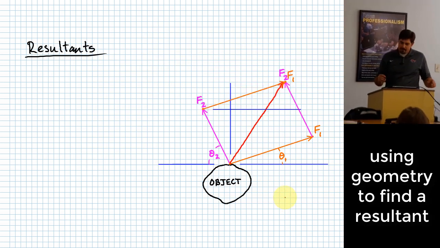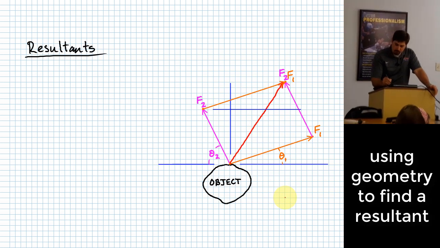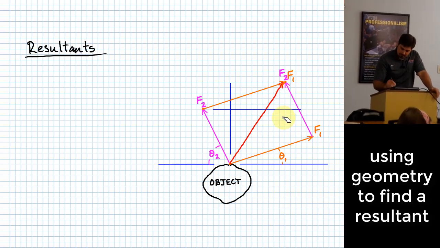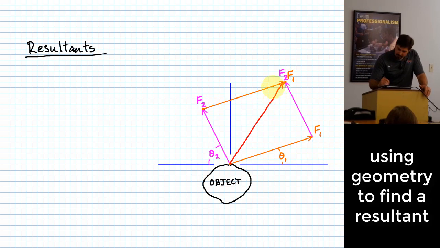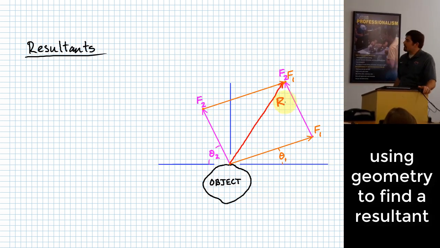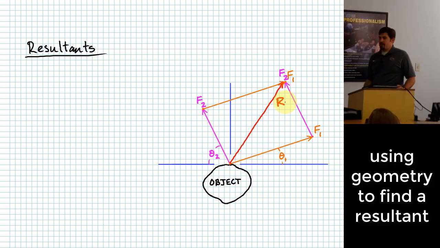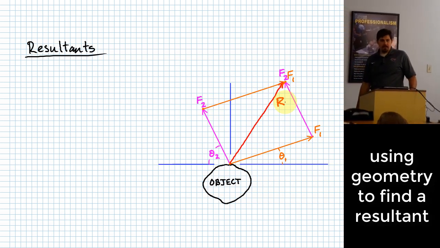For this reason, this is a lot of times called the Parallelogram Rule. Okay? And what we end up with here for this red vector, I'm going to call it R to indicate that that's like the resultant. Okay? So that is the kind of the geometric method of thinking about how vectors add together.